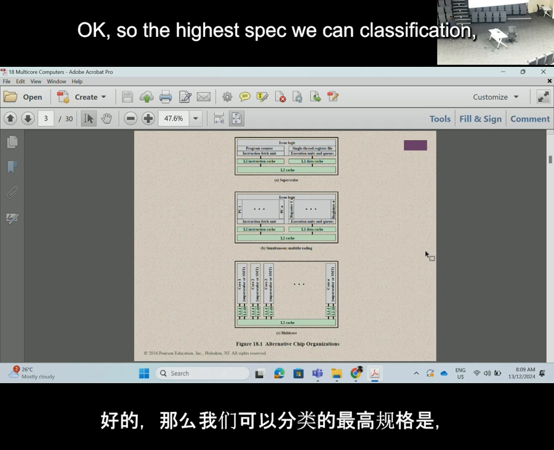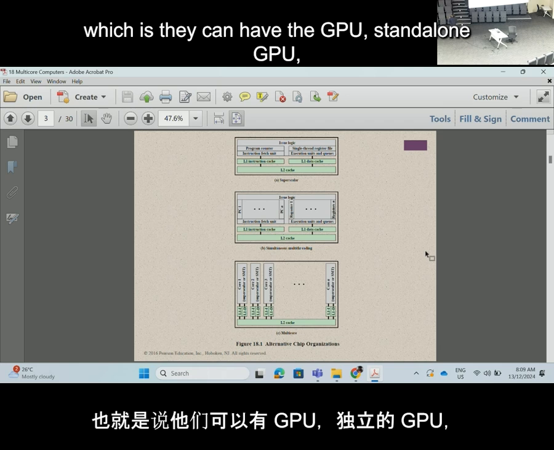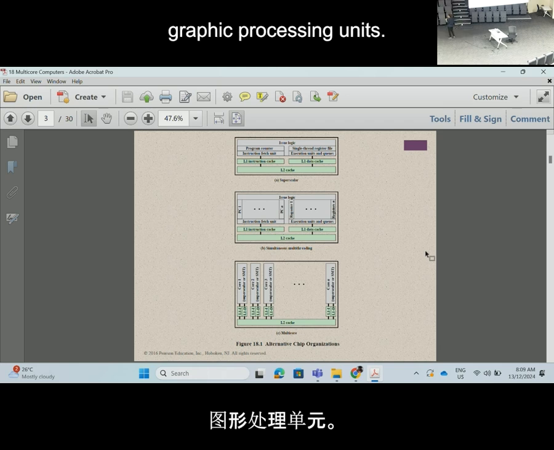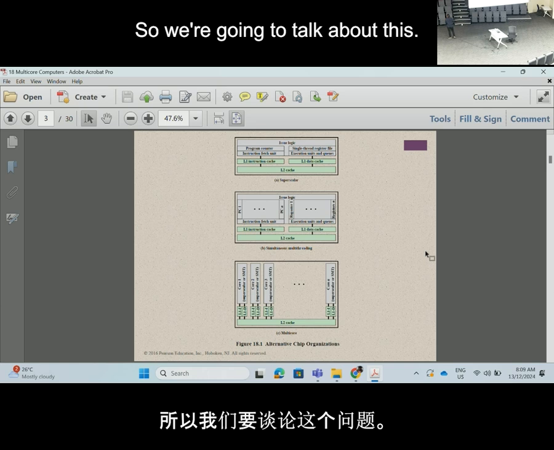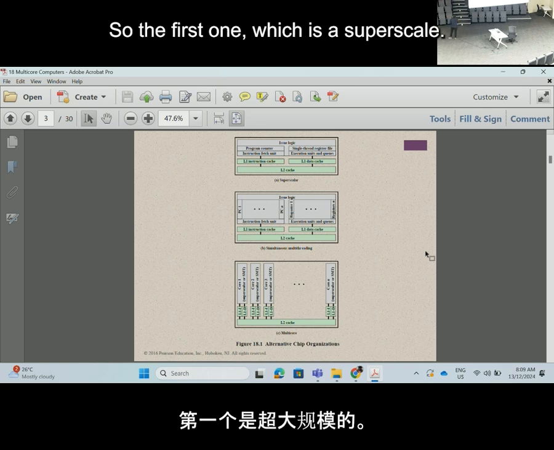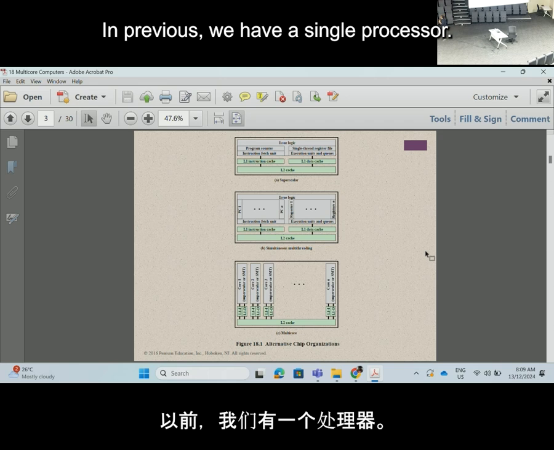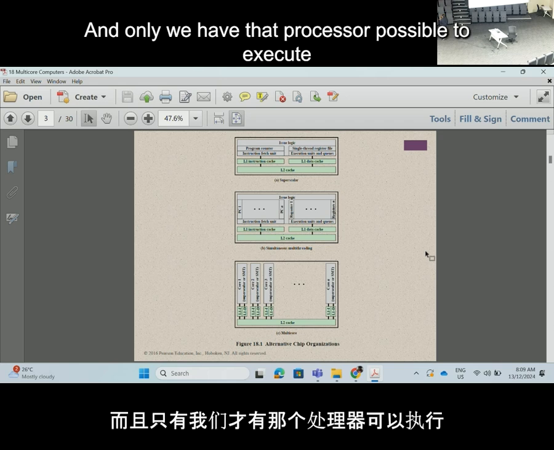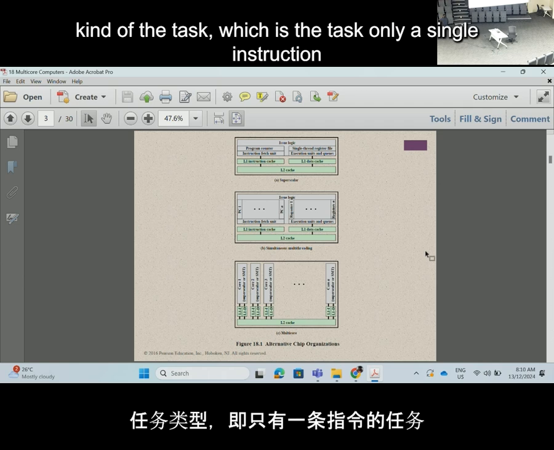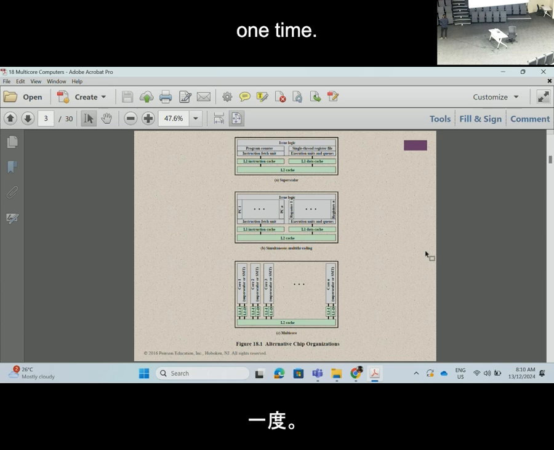The higher spec can be classified as having a standalone GPU, graphics processing unit. We're going to talk about this. So the first one is superscalar. In the previous generation we had a single processor, which was only able to execute a single instruction at one time.